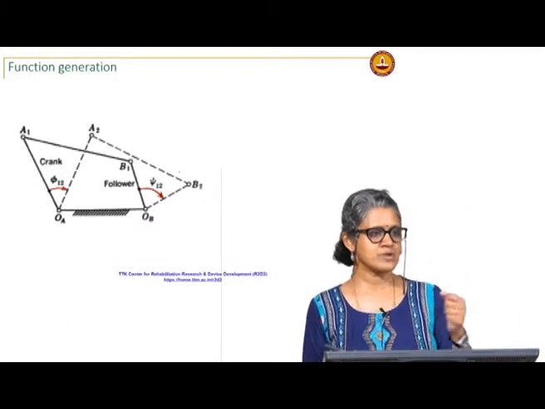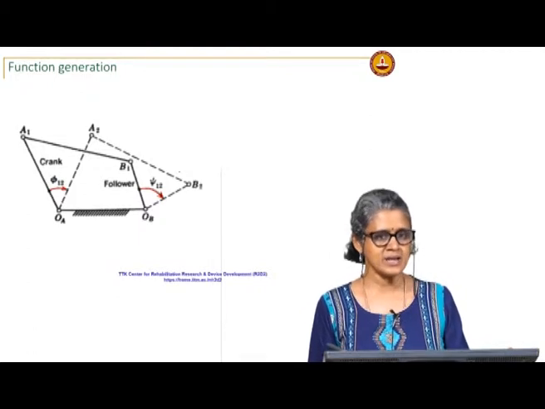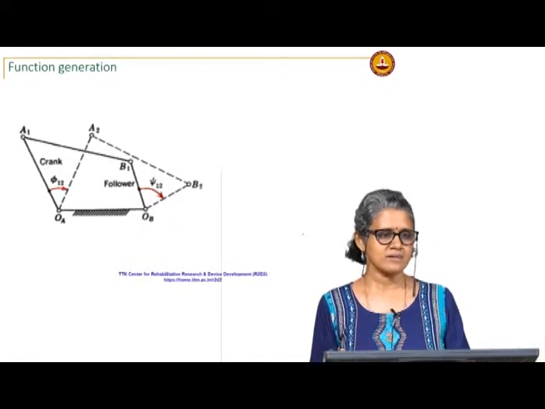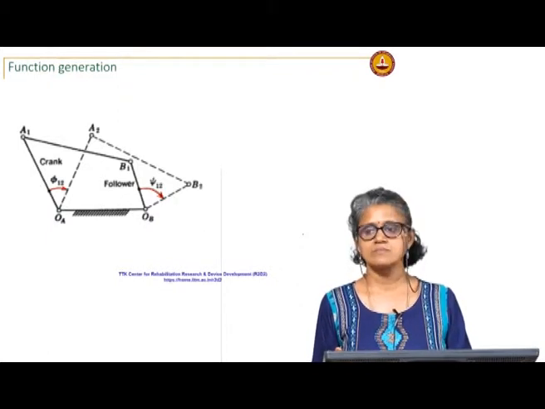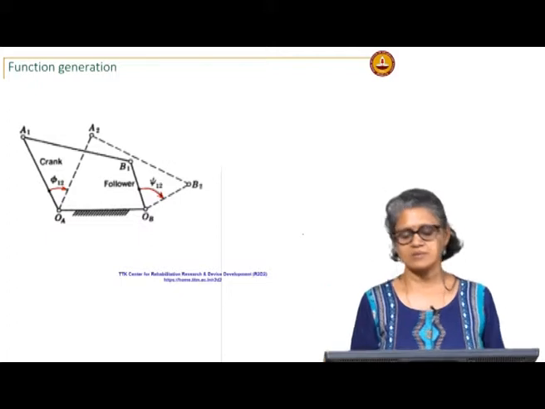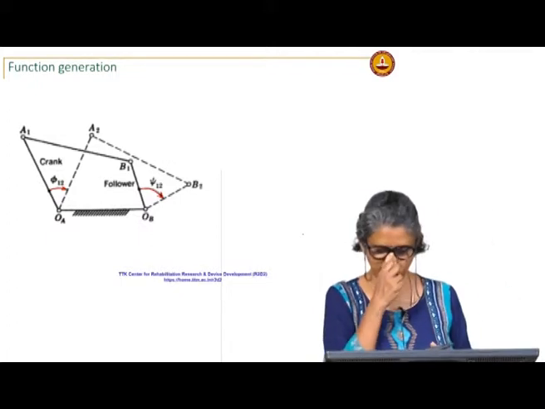I move the input link through a certain angle and I want the output link to move through some other angle. If I want them to move through the same angles, what would I do? I would just have a parallelogram mechanism, right. I would just duplicate the motion using a parallelogram mechanism.